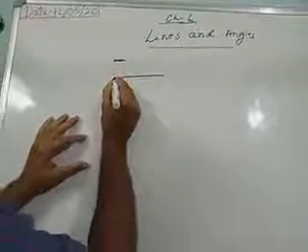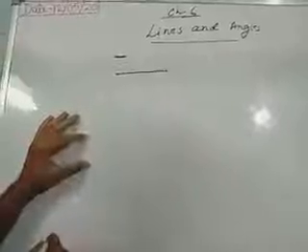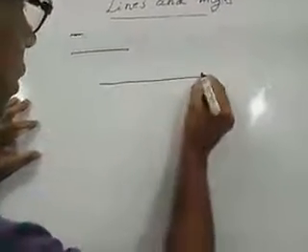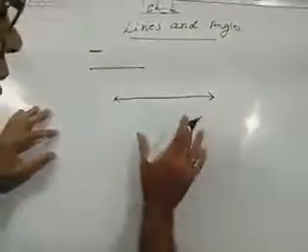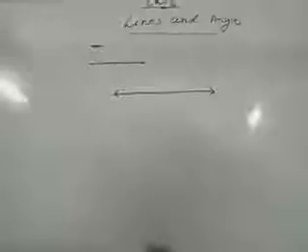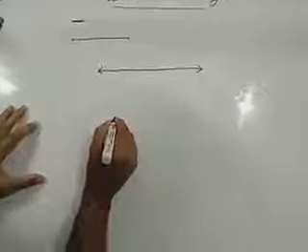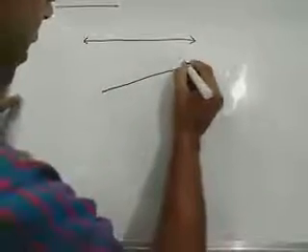This geometrical figure, if both the ends are fixed, is said to be a line segment. If the ends are not fixed and it moves in both directions up to infinity, then it is a line. And if one point is fixed and the other point extends, then it is a ray.